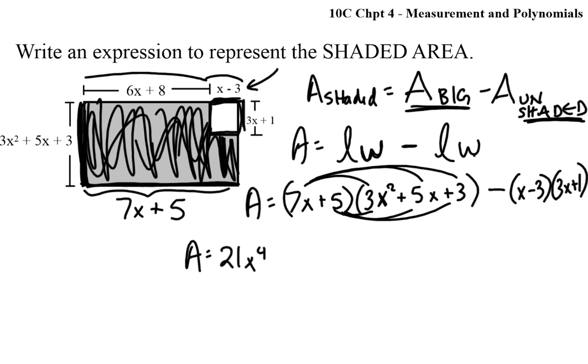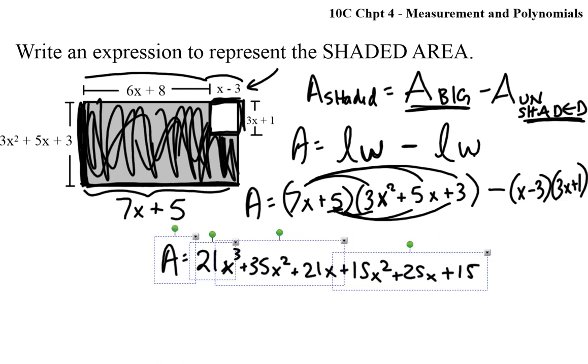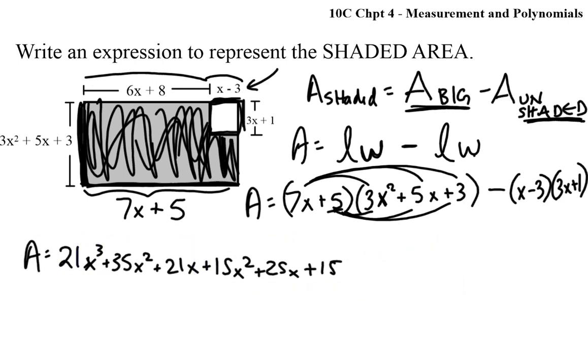21x cubed plus 35x squared plus 21x. Then the 5 gets multiplied, plus 15x squared plus 25x plus 15. And with that, we're going to need more space.